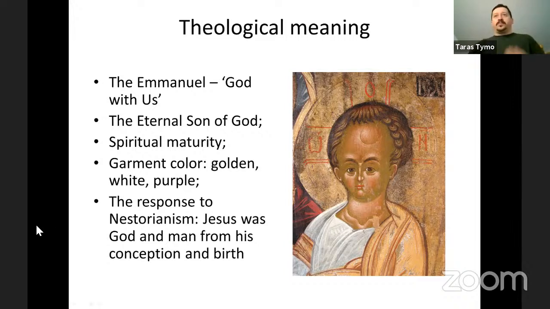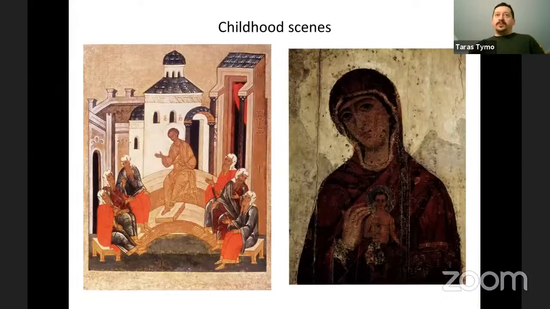So it's this emphasis on the presence of the divine logos in Jesus from the moment of his conception. Again, as we can see on this fragment of Mary from the Annunciation icon, the angel would stand here on her left, and Jesus as Emmanuel, as a tiny child, is represented here to symbolize the moment of conception.